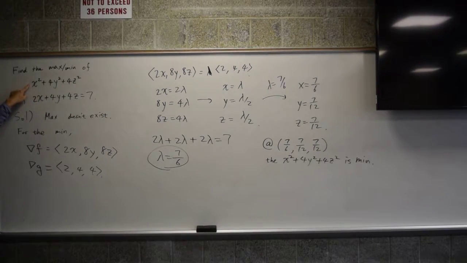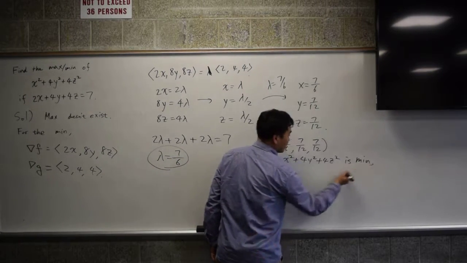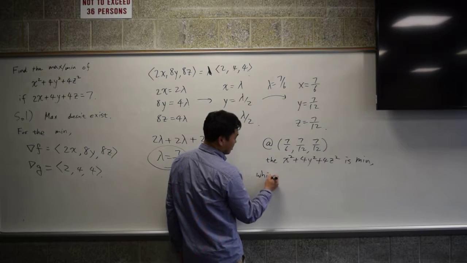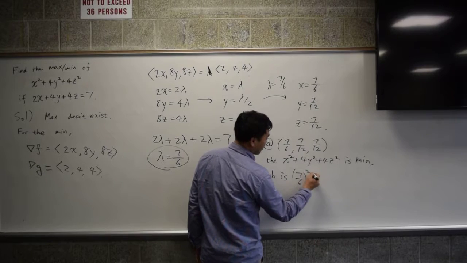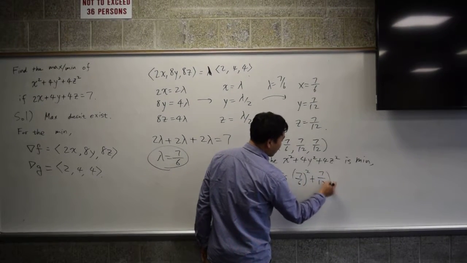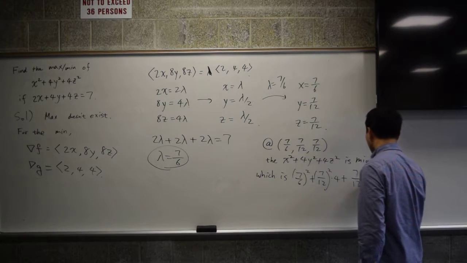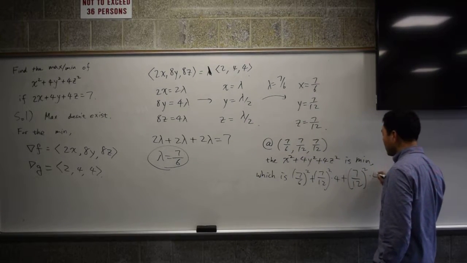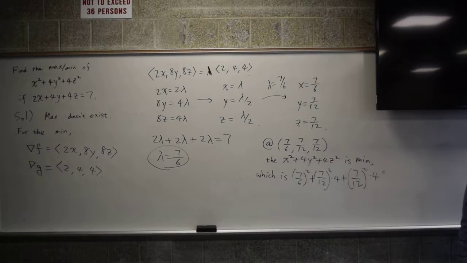All right, so let's evaluate this function. Which is 7 over 6 squared, 7 over 12 squared times 4, 7 over 12 squared times 4, and that's 49 over 36, 49 over 12, is that right?